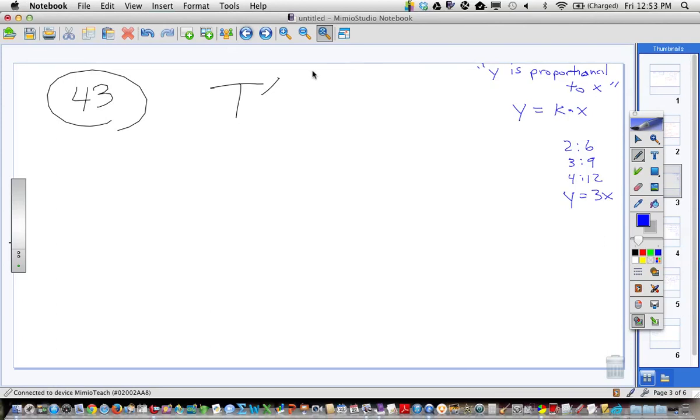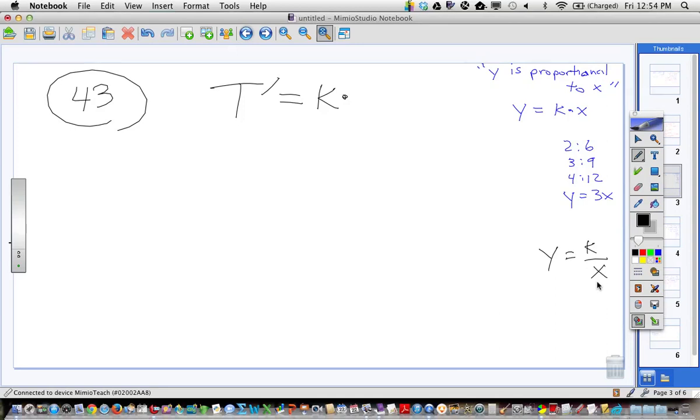So when they tell me that T prime, the rate that T changes, is proportional to, I put an equals and a k like that. You're going to have to be able to do that. Very easy. Now, inversely proportional would mean y equals k over x. We'll talk about that situation in a minute. But proportional or directly proportional is that.